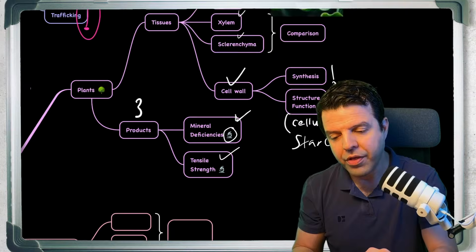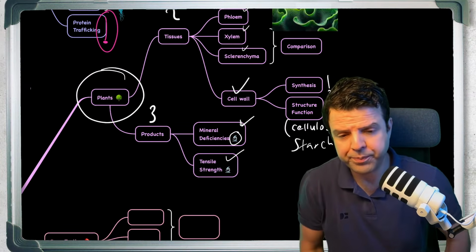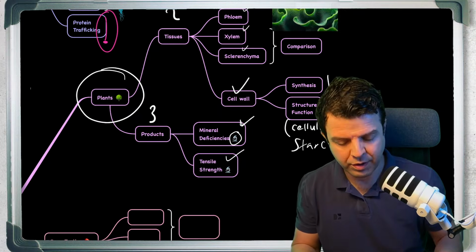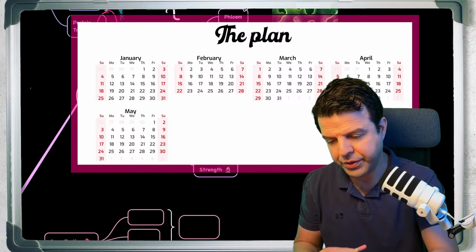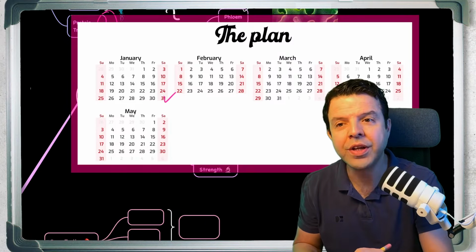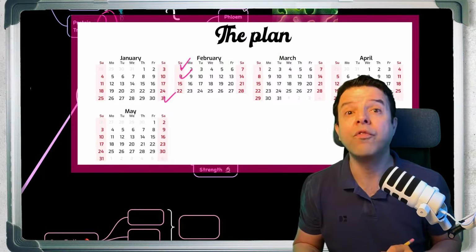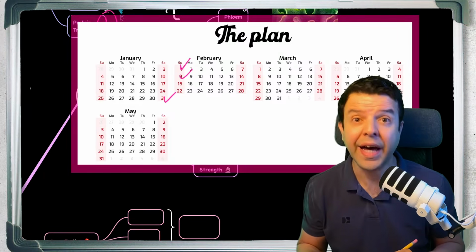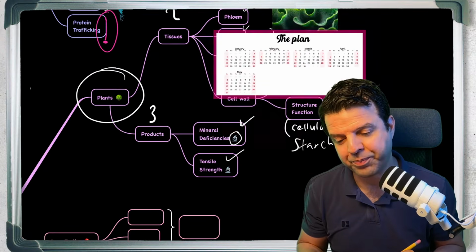All of it falls under the main block here, which is plants. So far, we started from the last week of Jan. Then first week of Feb, second week of Feb. So we're mid-Feb, and we've already done nearly 30% of the content, okay?